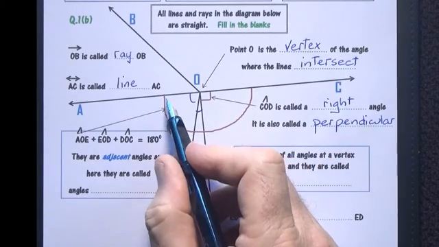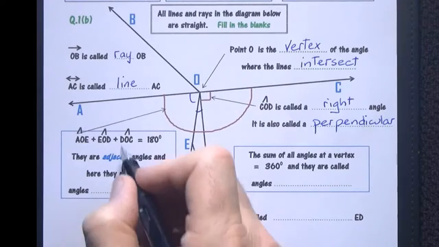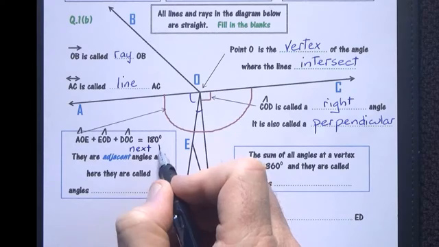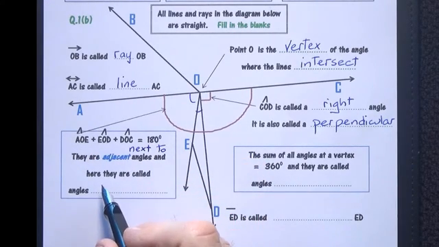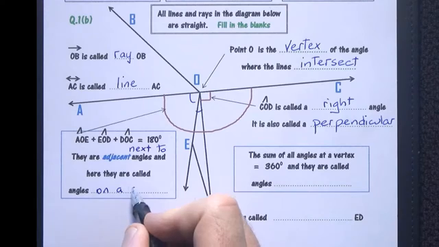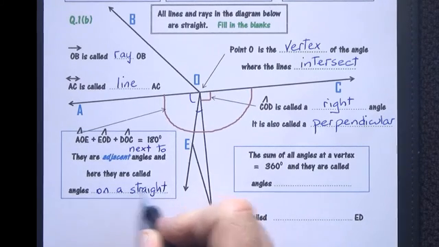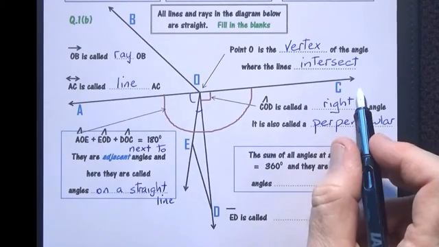They are adjacent angles, which just means next to one another. They're next to one another, and they total 180 degrees, and that's because they are angles on a straight line, which in this case is AC.